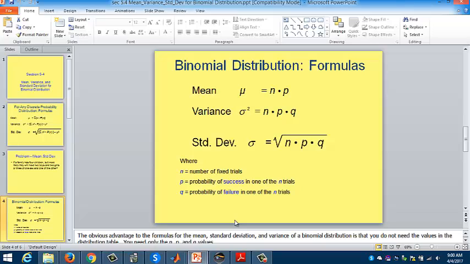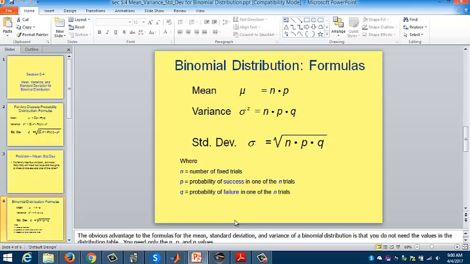Look at what the mean equals: n times p. The mean is n times p. And the variance, do you remember what the variance is? Do you remember what standard deviation is?